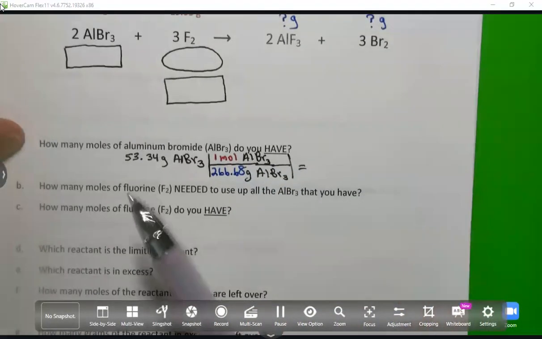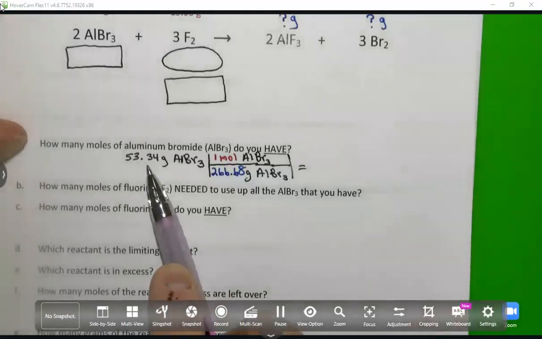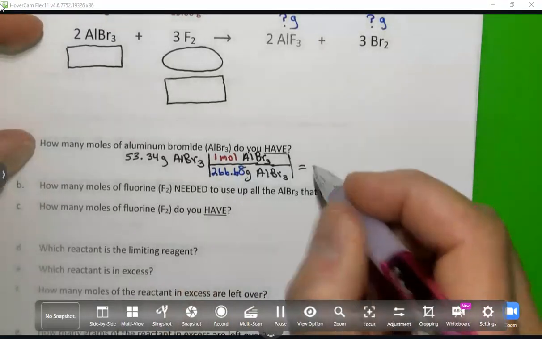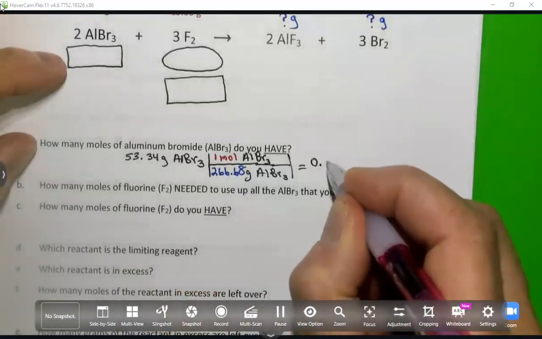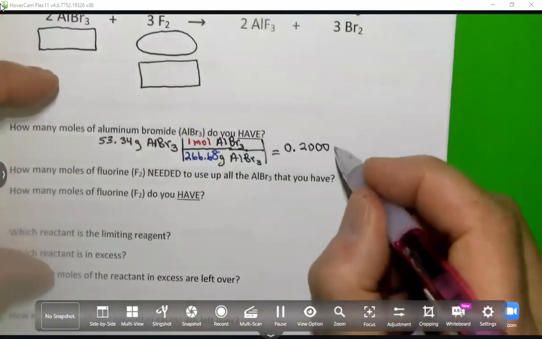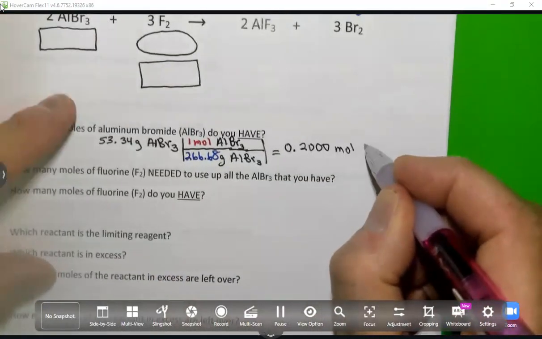Now 4 sig figs here, 5 sig figs here. I'm going to do this to 4 sig figs. This is going to be 0.2000 mole of aluminum bromide.